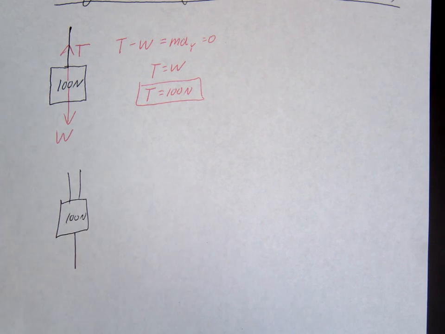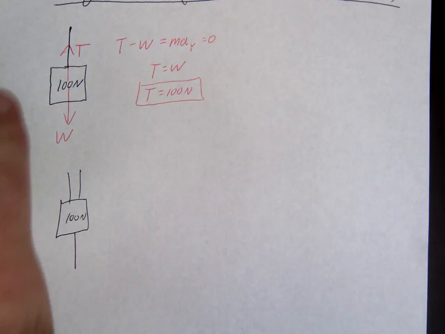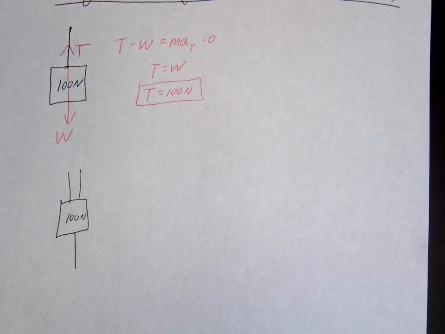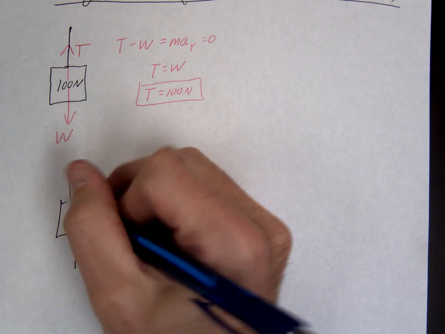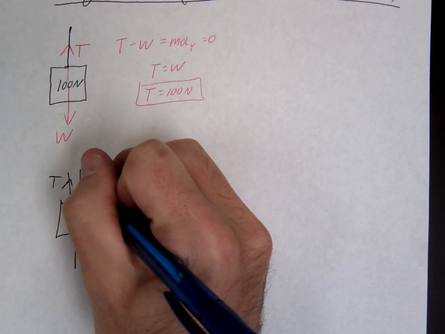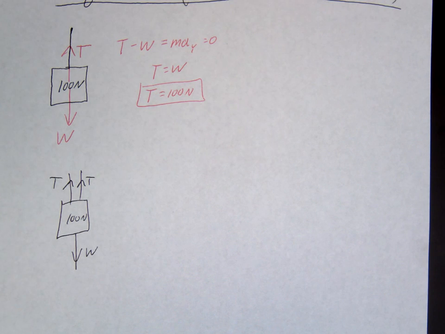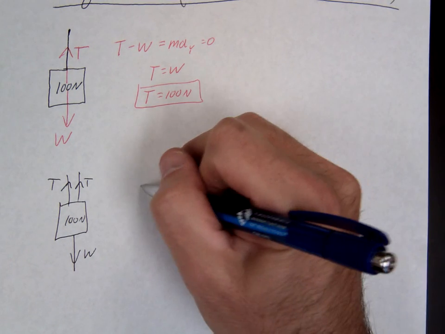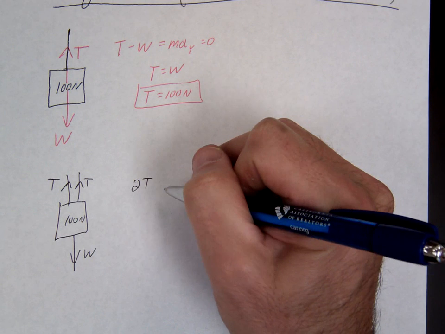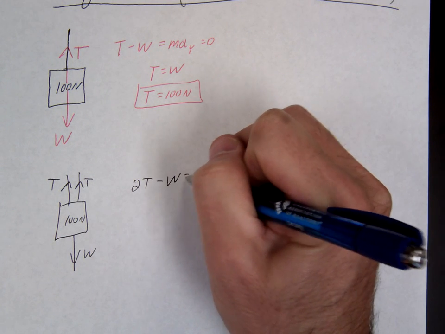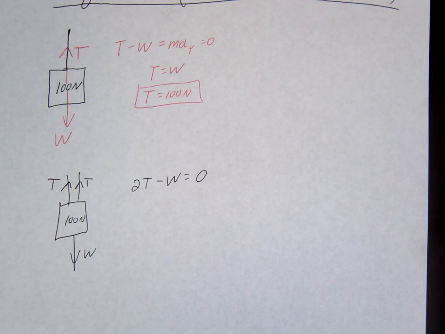All right, what if we take 2 strings? If I hang Fufar by 2 strings, like this, how did things change? Well, visually, hopefully you can see you have a tension and a tension, and a weight going down. So it should be 2T up, and weight going down, that'll equal 0.